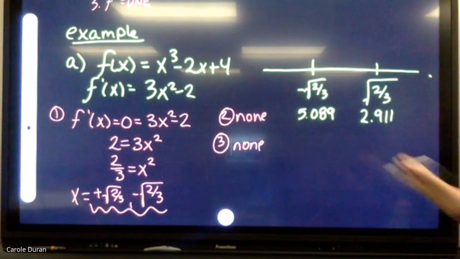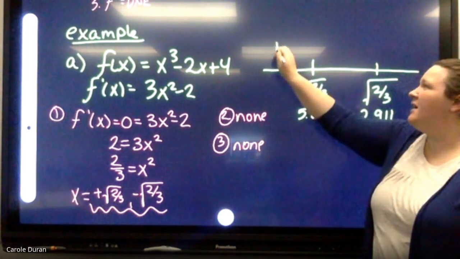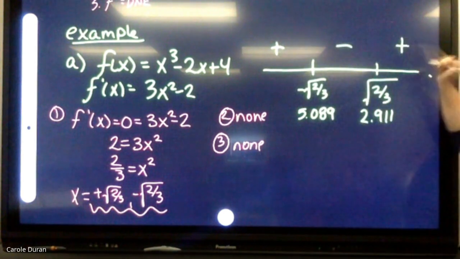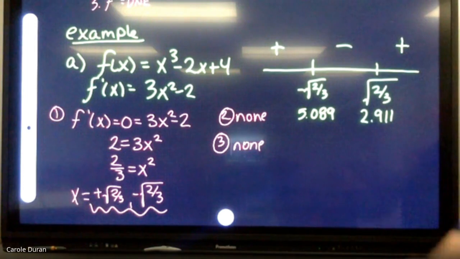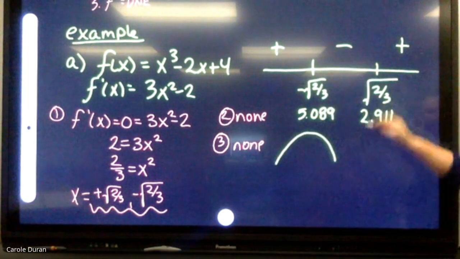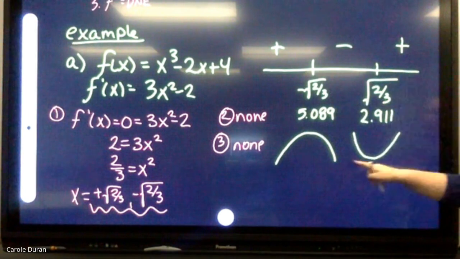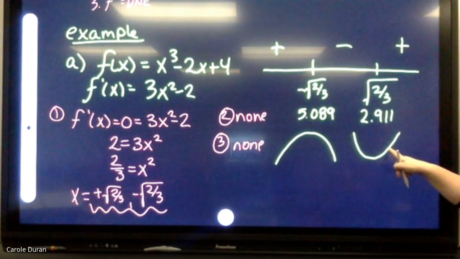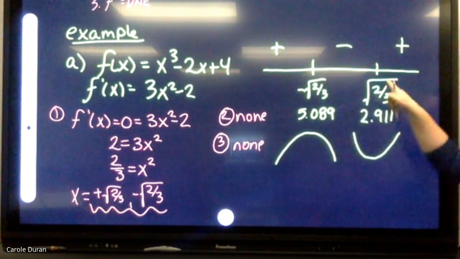When we do, we get that this is positive, this is going to be negative, and this is going to be positive, which means that it went up and then went down when I hit this point, and this one went down and then went up, which verifies this is a maximum and this is a minimum. So then I could say that my maximum is this point and my minimum is this point.